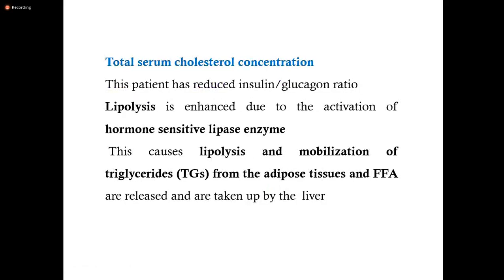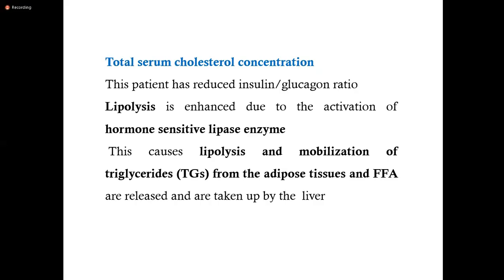So when there is a reduced insulin to glucagon ratio, there is increased lipolysis at the adipose tissues due to the activation of hormone sensitive lipase. So you have to remember these terms: lipolysis, hormone sensitive lipase. With this lipolysis, what happens?